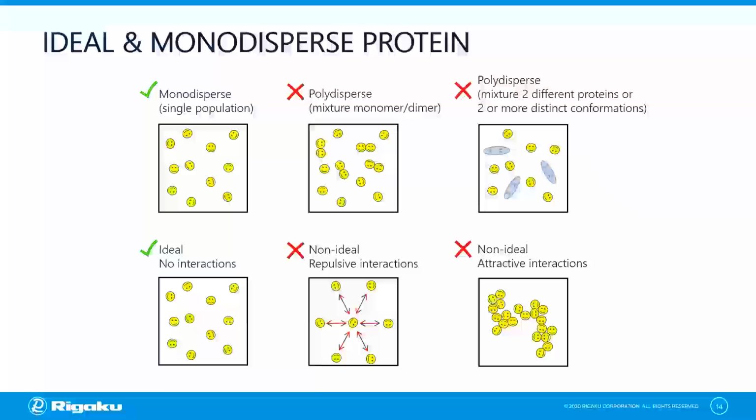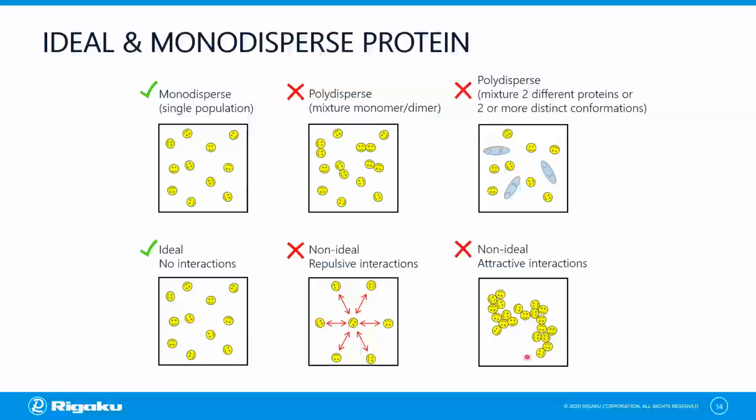So what do I mean by that? Monodispersed means that you have a single population, or all the smiley faces in here, they look alike. They're the same size. They're not interacting at all. This means that we don't have mixtures of monomers and dimers or other oligomers. We don't have repulsion, so there's sufficient ions. We don't have a contaminant of a higher molecular weight or lower molecular weight protein.